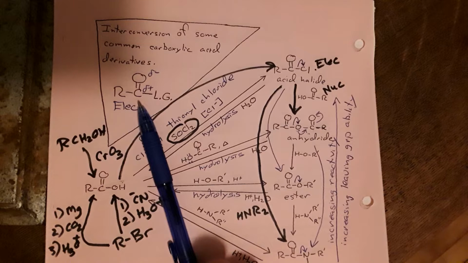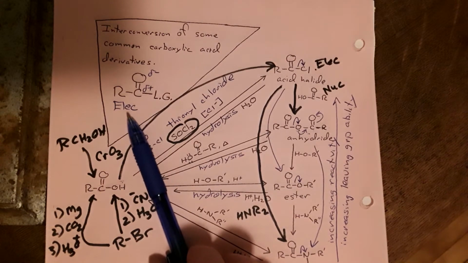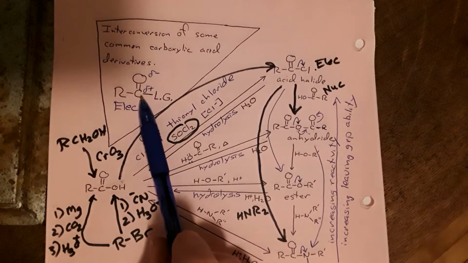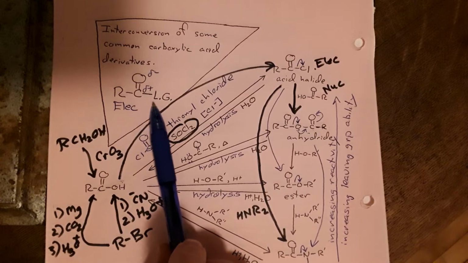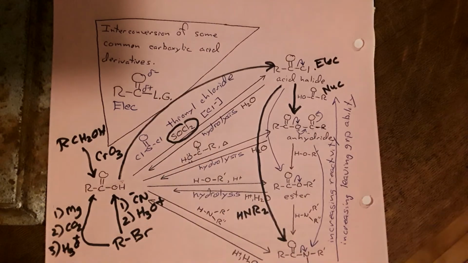We'll just be talking about the ones that have this general form. The overall view that you should have of a carboxylic acid derivative is similar to the view that you have of an aldehyde or ketone: the carbon has a partial positive charge on it, and it will act as an electrophile. The difference is that this bond here can break because we have a leaving group.